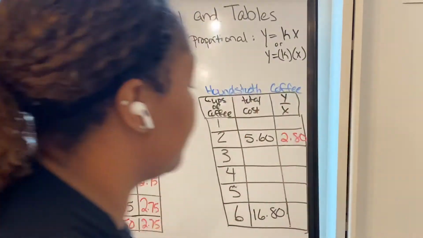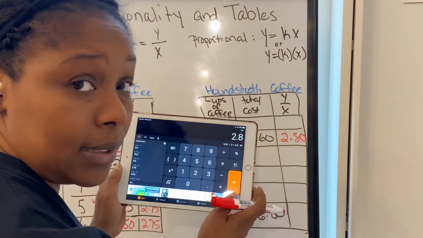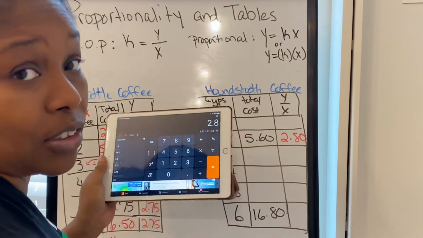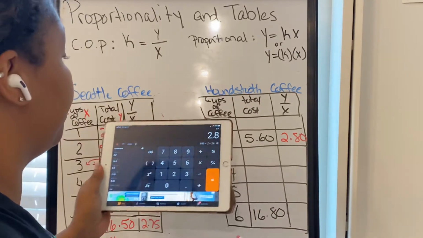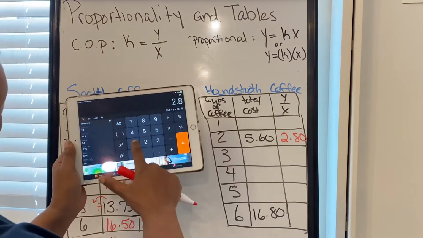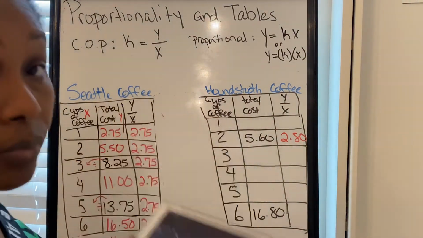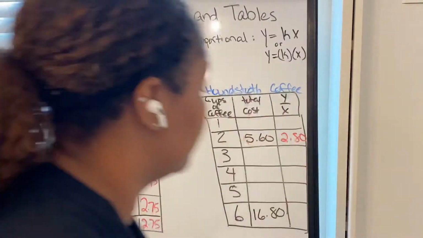Because remember, even though I don't see that 0, we're talking about money. Okay? Dollars and cents. Your cents is always in pairs. Then we have $16.80 divided by 6. I got 2.8 again.